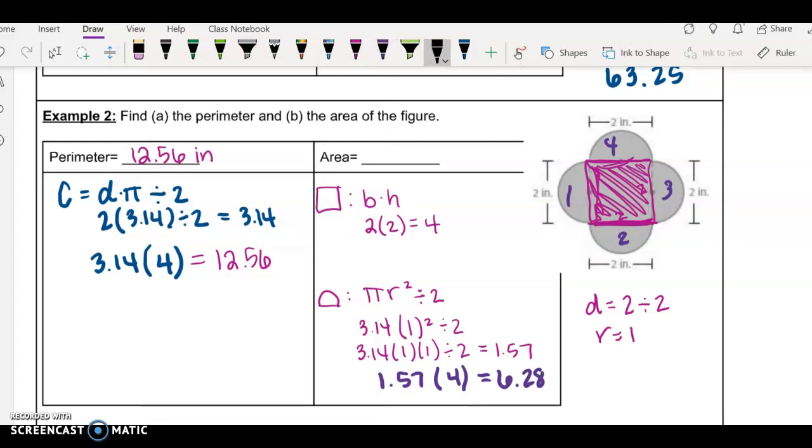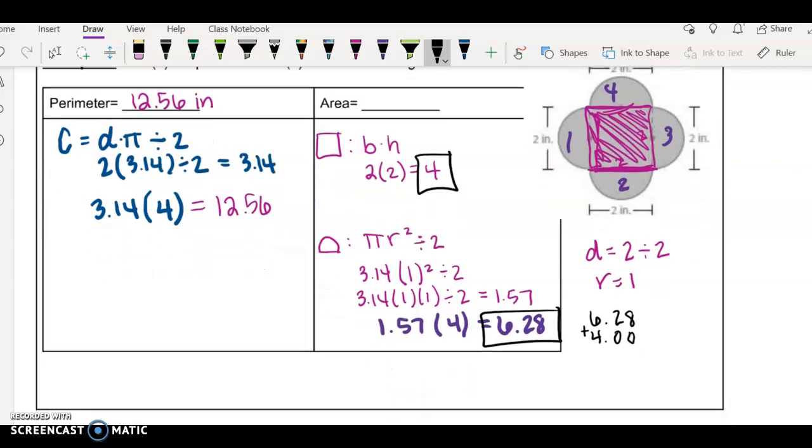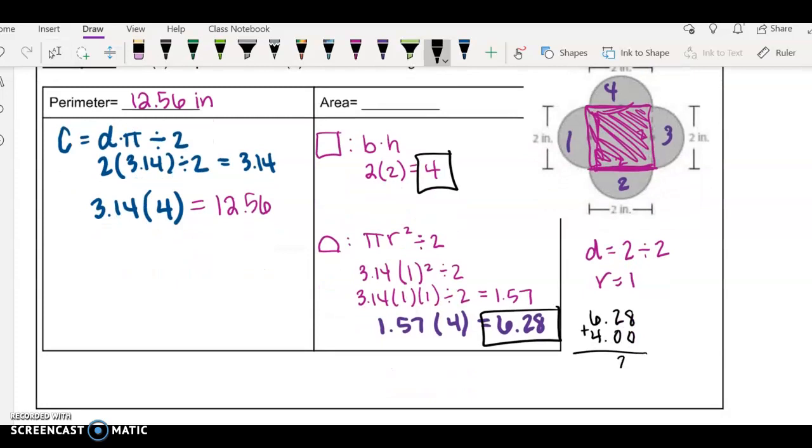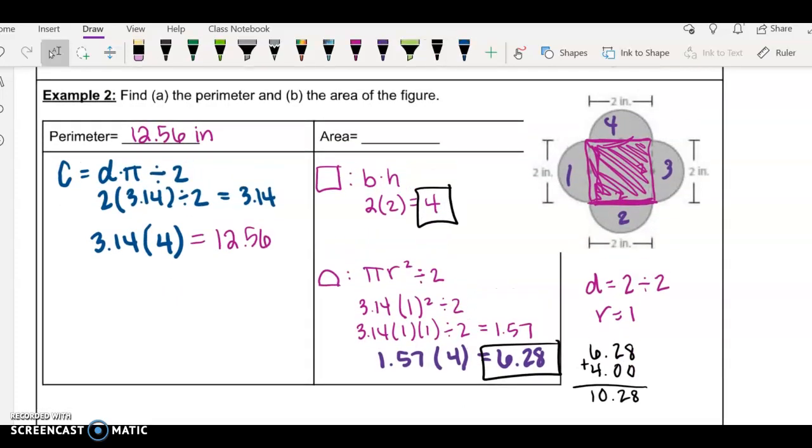My area is when I take both areas of both of my composite figures and I add them together. So I have 6 and 28 hundredths plus 4, and remember to line up those decimals. So my answer is 10 and 28 hundredths.